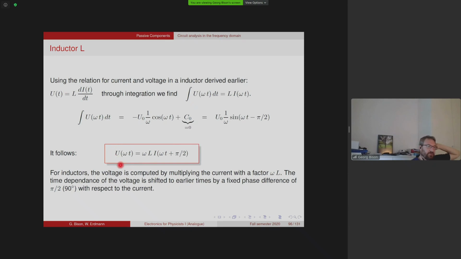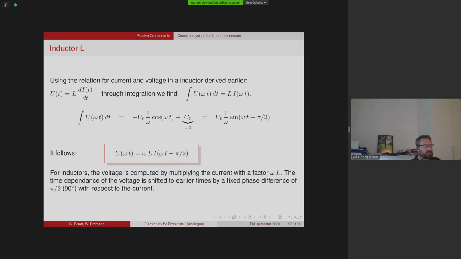Here, the voltage is given as a scaling factor times the current, where we have to add a phase shift to the current. Okay, and again, this factor here is in the place where in Ohm's law there is the resistance.